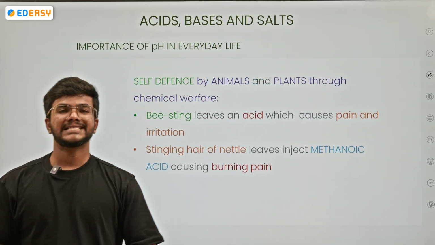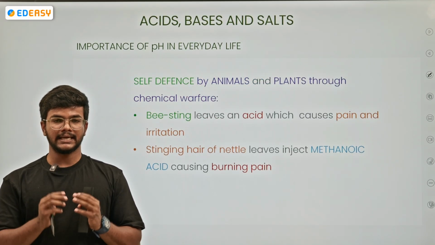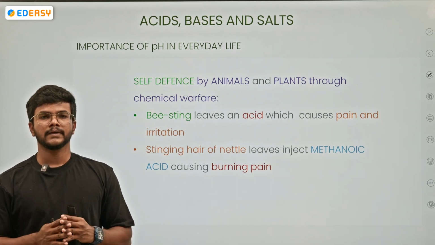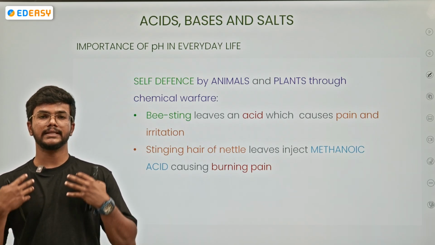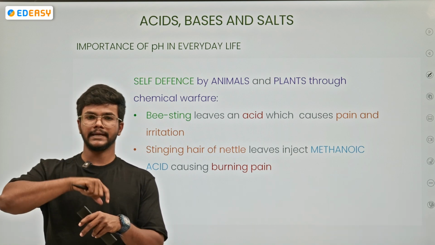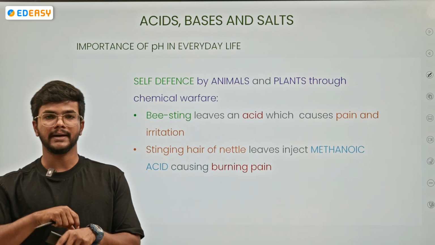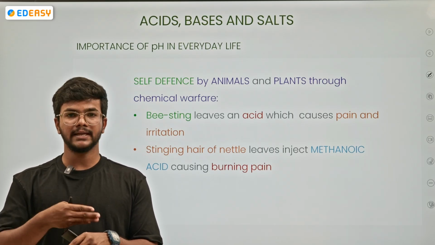Next, self defense. In day to day life there are some insects like honeybees or ants which defend themselves with the help of some chemicals. An ant bite, wasp bite or honeybee bite contains some acids or bases which cause pain or irritation.